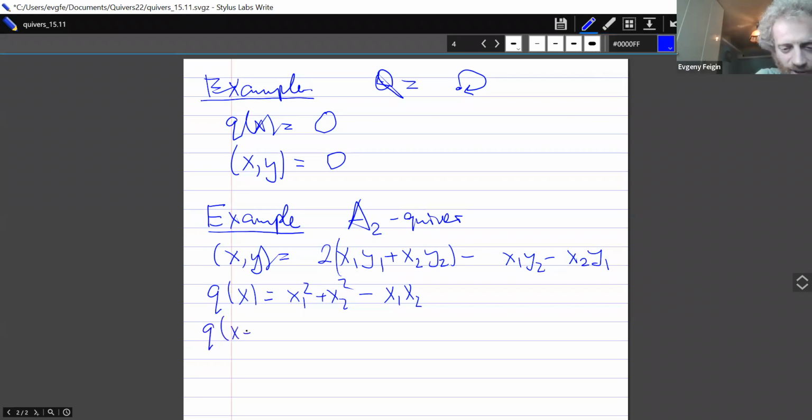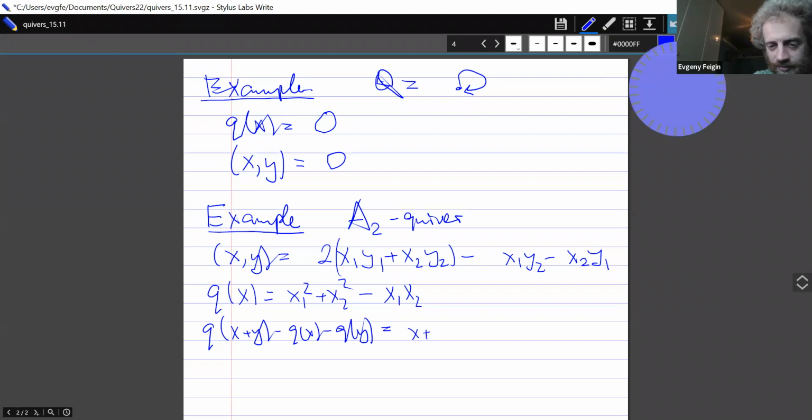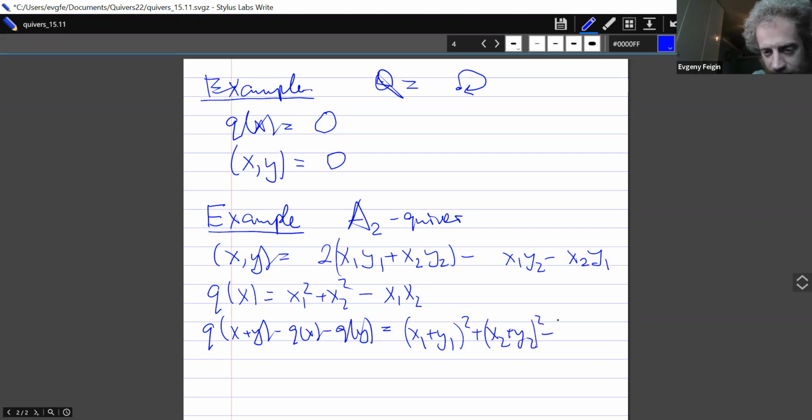Q of x plus y minus Q of x minus Q of y: we get x1 plus y1 squared, x2 plus y2 squared, minus (x1 plus y1)(x2 plus y2).